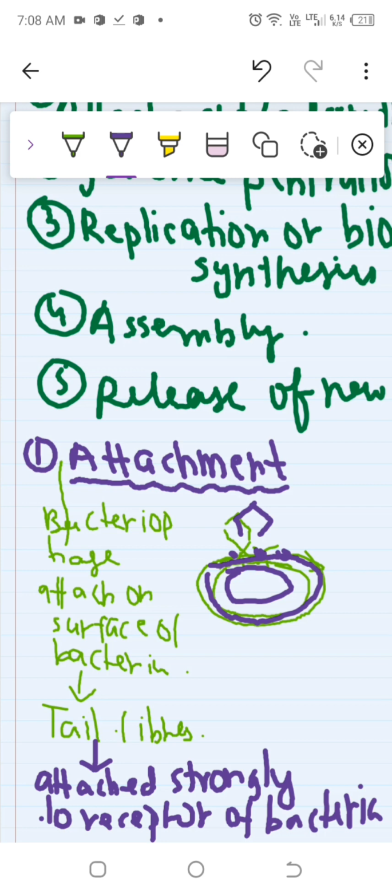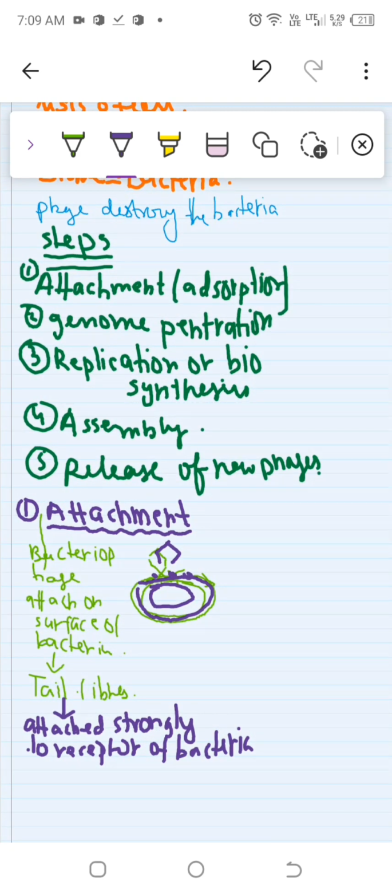Those proteins bind to the receptors on the surface of the bacteria, so the phage is now easily attached.